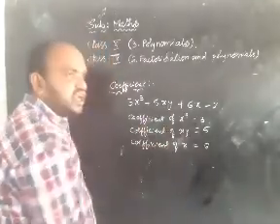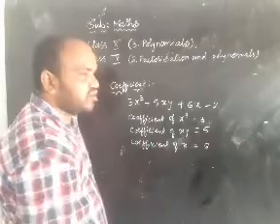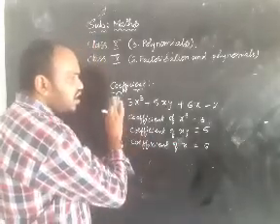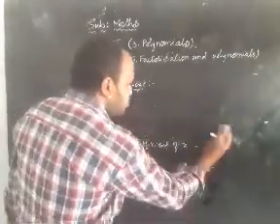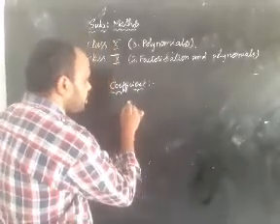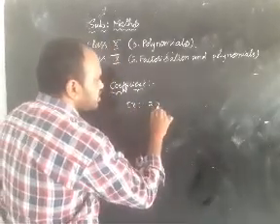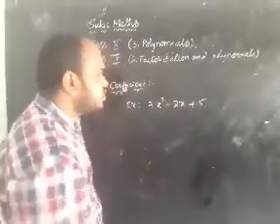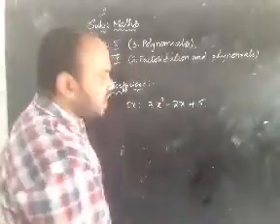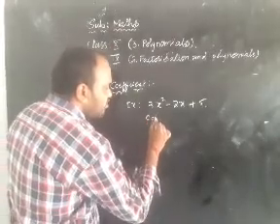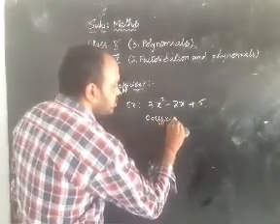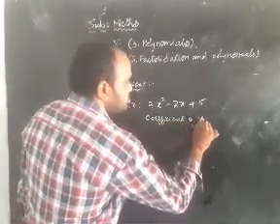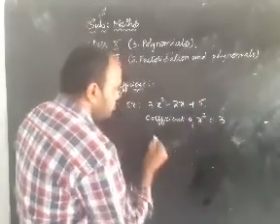Now we have discussed the coefficient. See one more example: 3x square minus 2x plus 5. And 5 is a constant term. What is the coefficient of x square? 3.